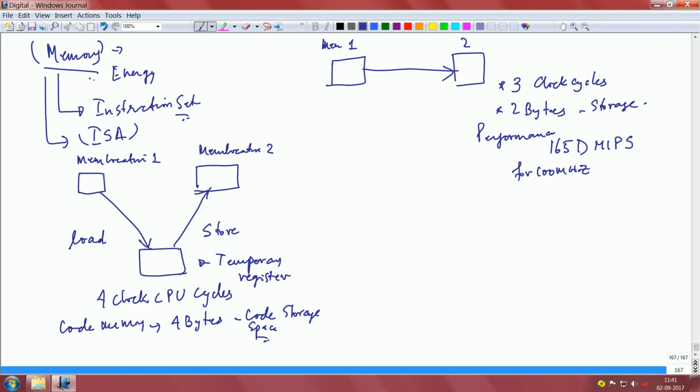And what are we trying to say? An on chip memory resource cannot be looked at in isolation. It is not about how much memory you have, but how you operate and manipulate that memory. You need an additional memory location, a temporary register, if you do it this way with load and store instructions.